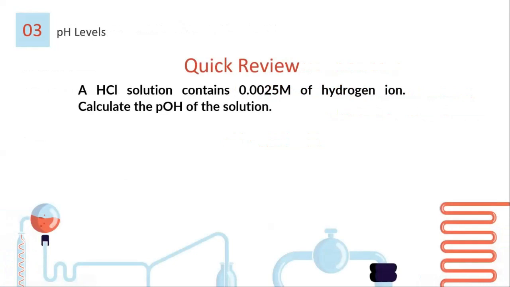So given the problem, a hydrochloric acid solution contains 0.0025 molars of hydrogen ion. Calculate the pOH of the solution. Given the concentration of hydrogen ion, we can obtain its pH by taking the negative logarithm of the hydrogen ion concentration.